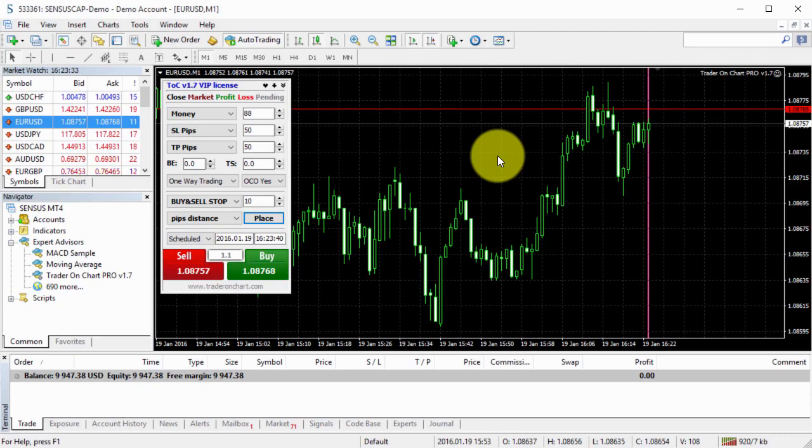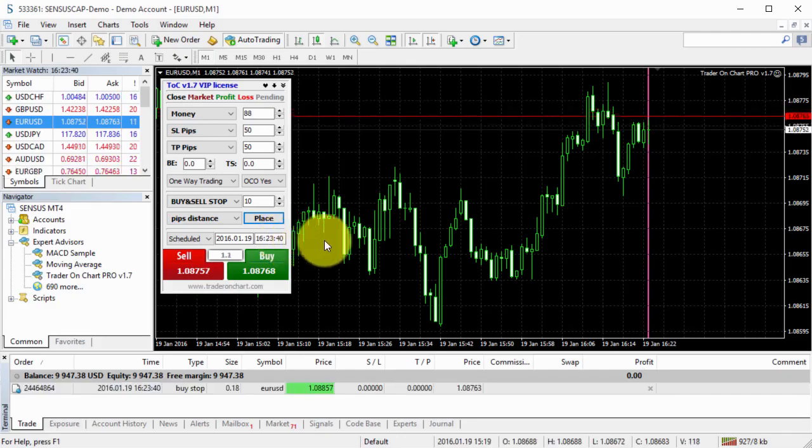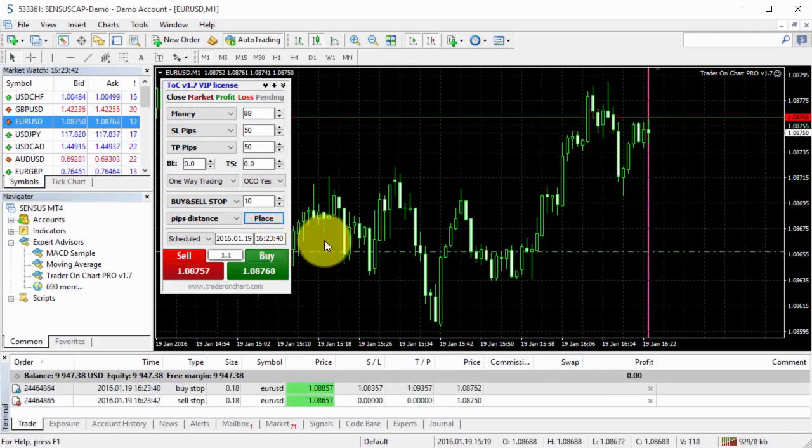And now at this exact time, 40 seconds, in just a couple of seconds, it will place 2 pending orders from the current price that happened to be at that very exact moment. So you could place this hours or days in the future, kind of. And it doesn't matter what the price is at the moment.